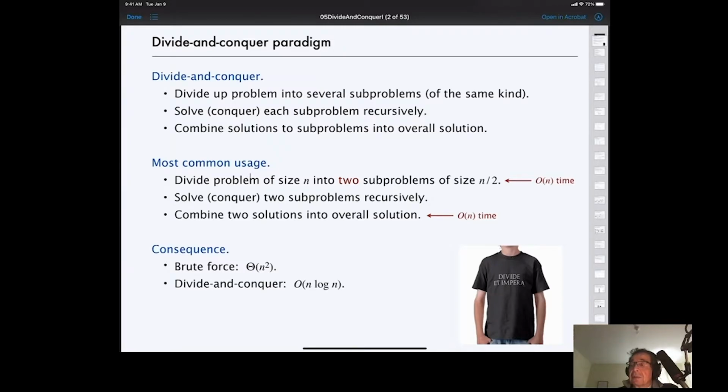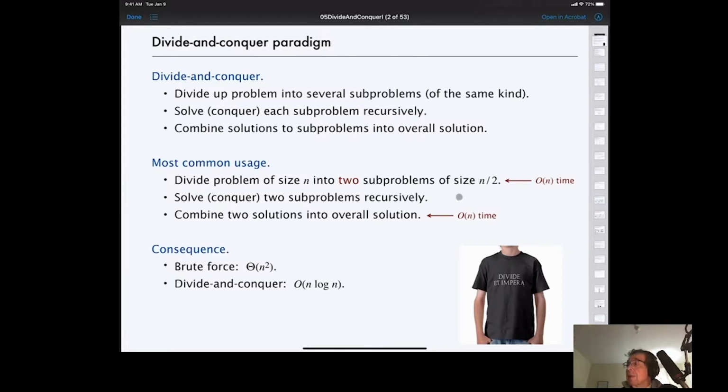Or we might imagine a geometrical problem, and then we divide, let's say, the number of points on the plane into two subplanes of size n over 2, or the points are reduced by 2. And then we solve the two subproblems. Recursively means that the two subproblems are divided into two subproblems and two subproblems until we can solve them very easily, and then we combine the two solutions into an overall solution.